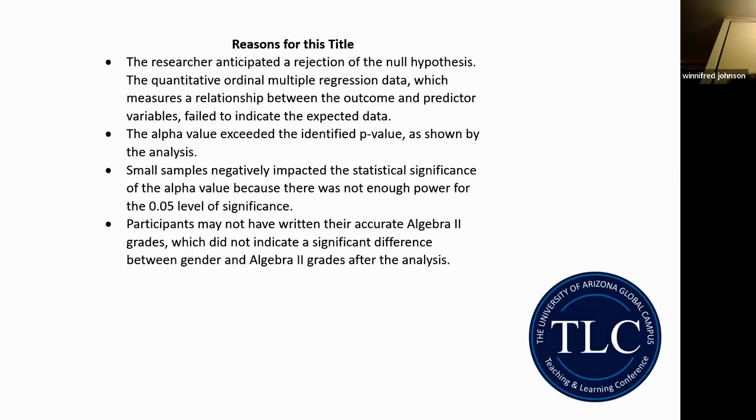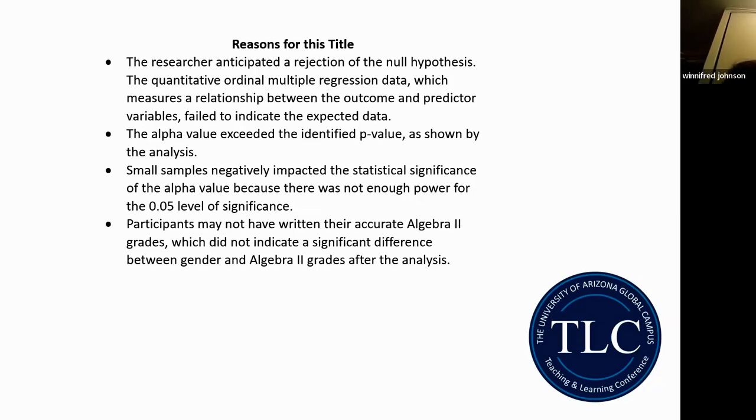Reasons for the title. The researcher anticipated a rejection of the null hypothesis. The quantitative ordinal multiple regression data, which measures a relationship between the outcome and predictive variables, failed to indicate the expected data. The alpha value exceeded the identified p-value as shown by the analysis.